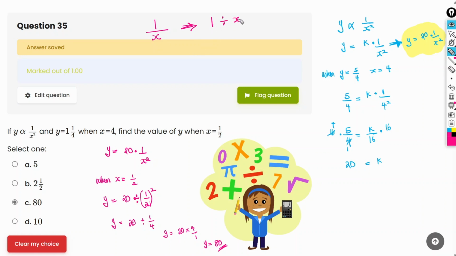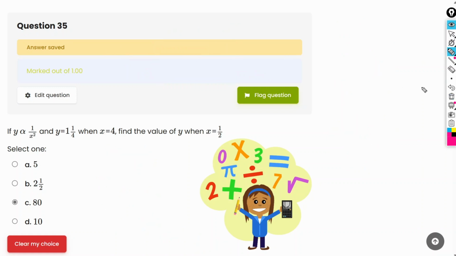So if x was supposed to be 3 over 4, instead of doing 1 over 3 over 4, I can just do 1 divided by 3 over 4, which means I can write 1 times 4 over 3, which gives me just 4 over 3. It saves me confusion when I'm dealing with this.